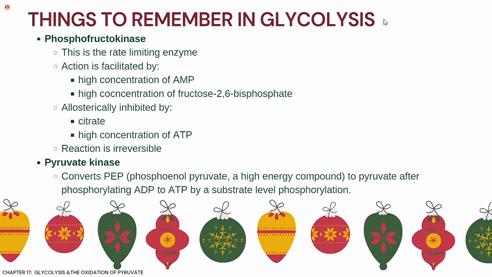So that's why phosphofructokinase, a rate-limiting enzyme, would go into action when the concentration of AMP is high. And another, if the fructose 2,6 biphosphate is also high. So either of the two can activate your phosphofructokinase: high AMP and also high fructose 2,6 biphosphate.